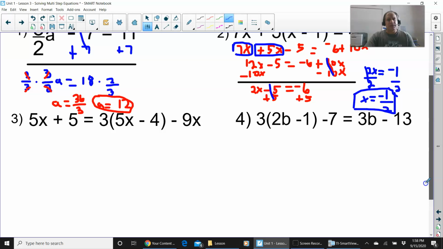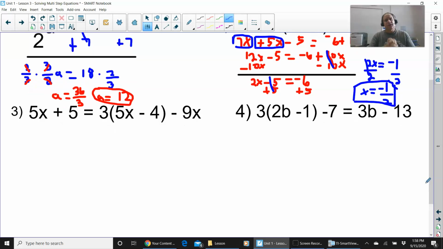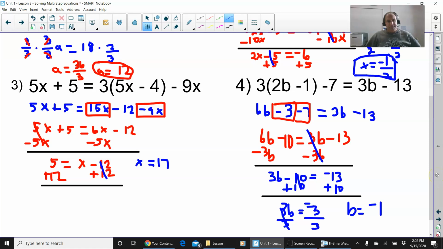Go ahead, try number 3 and number 4 the same way. Do distributive property first, combine like terms, solve. Press pause and try these 2 problems now. Wow, that was a lot of work. So we did distributive property over here. 3 times 5x is 15x. 3 times -4 is -12. And you bring down that -9x, bring down the 5x plus 5.